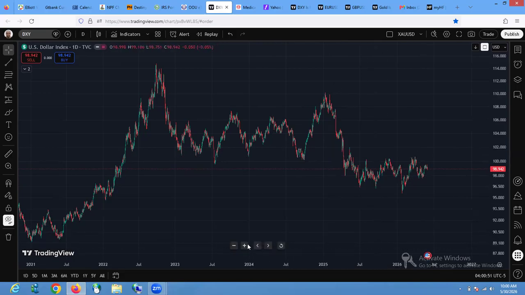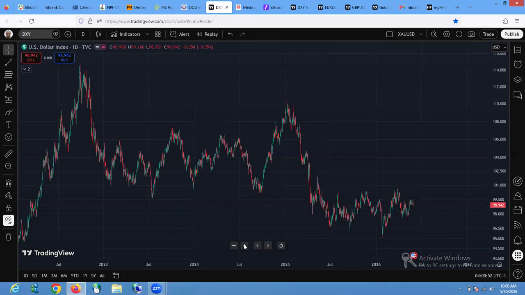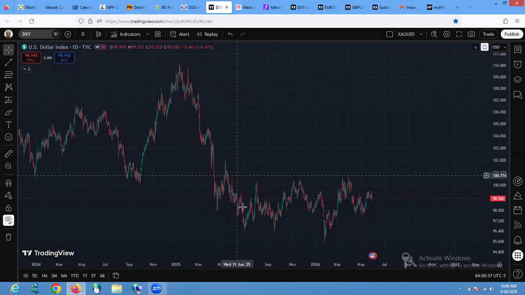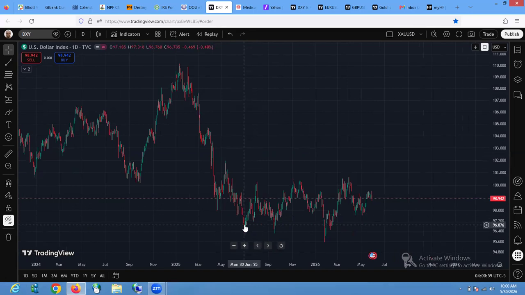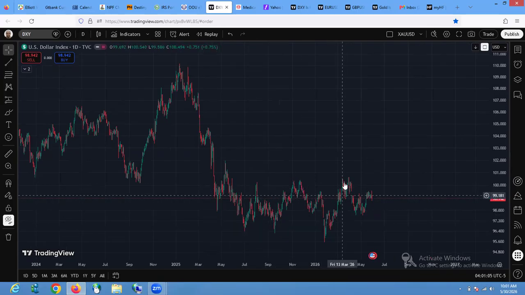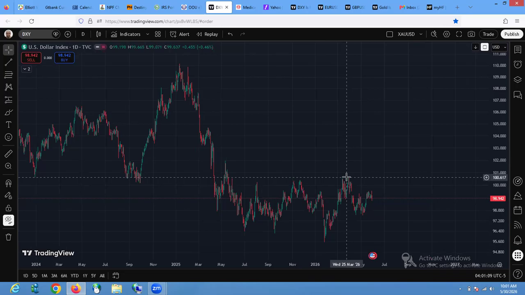Now, looking at this on the daily time frame here, this is where the interest is. After this move to the downside, we can actually count the swings that we have here as the first, 2, 3, 4, 5. That is 5 swings.